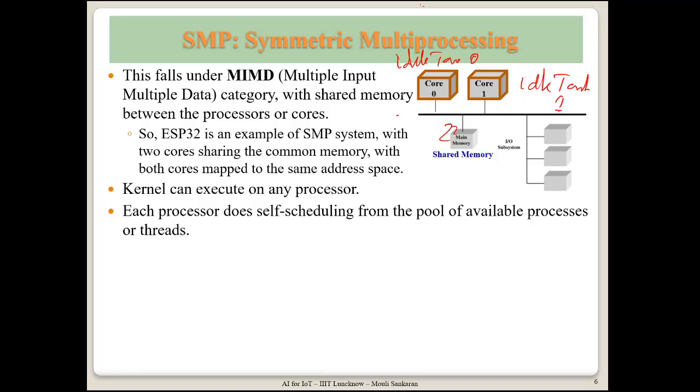When there are no schedulable tasks for a particular core, you cannot keep the core shut down, because it has to keep running. So it will run the idle task meant for core 0. There is one task already created by the OS, the lowest priority task, which runs on the core. Similarly, if there is no other process to run, core 1 will pick up idle task 1 to run on it.